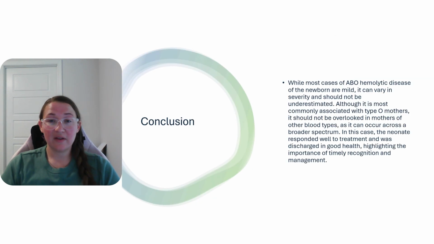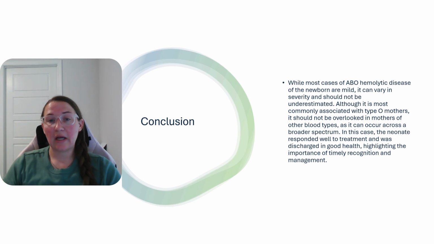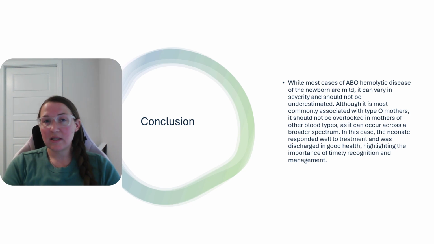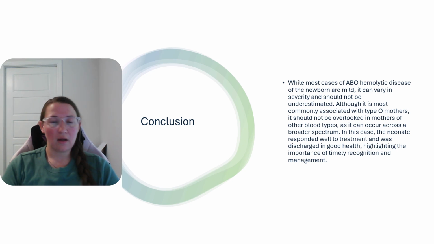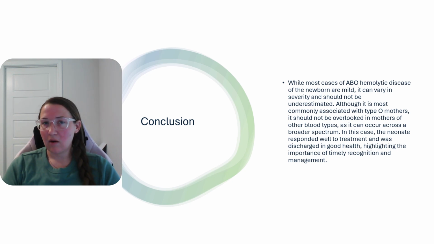So to round everything out, I just want to say that most cases of ABO hemolytic disease of the newborn are mild. They don't usually carry super amounts of severity, but it can vary in how severe it can be.